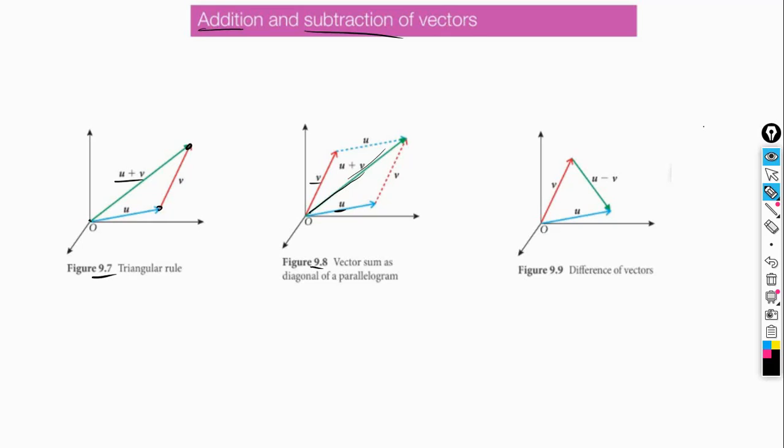So the vector w, which is equal to u minus v, is a vector such that u is equal to v plus w. In figure 9.9, we see that the difference is along the diagonal joining the two terminal points of the vectors and in the direction v to u.